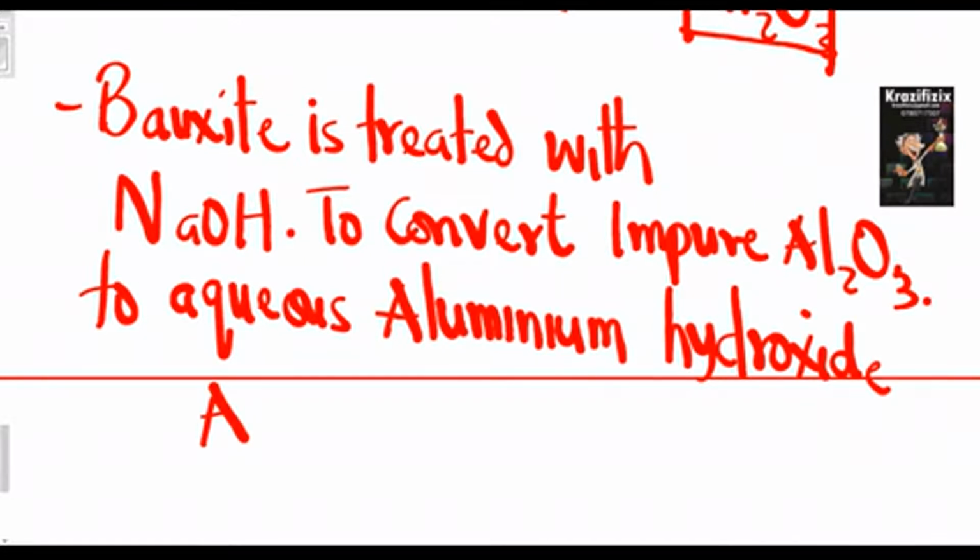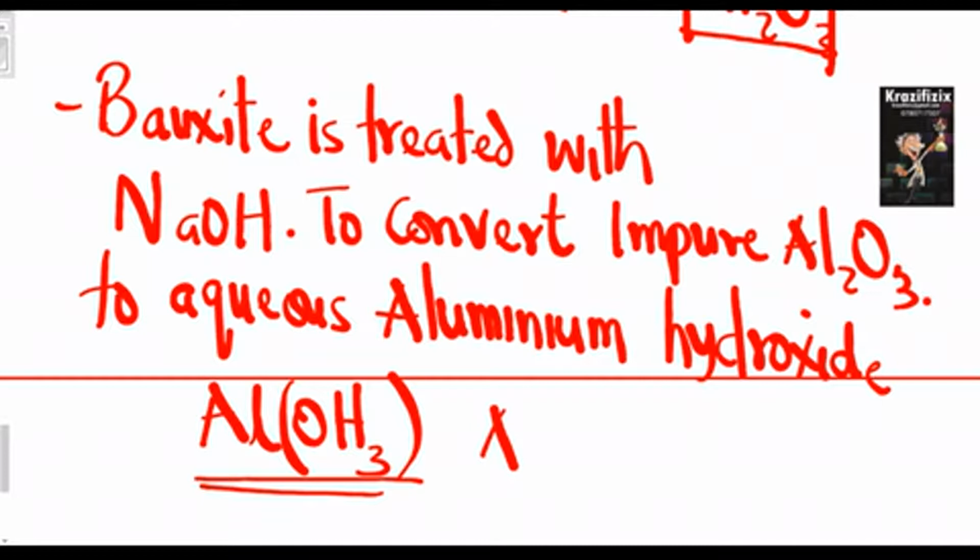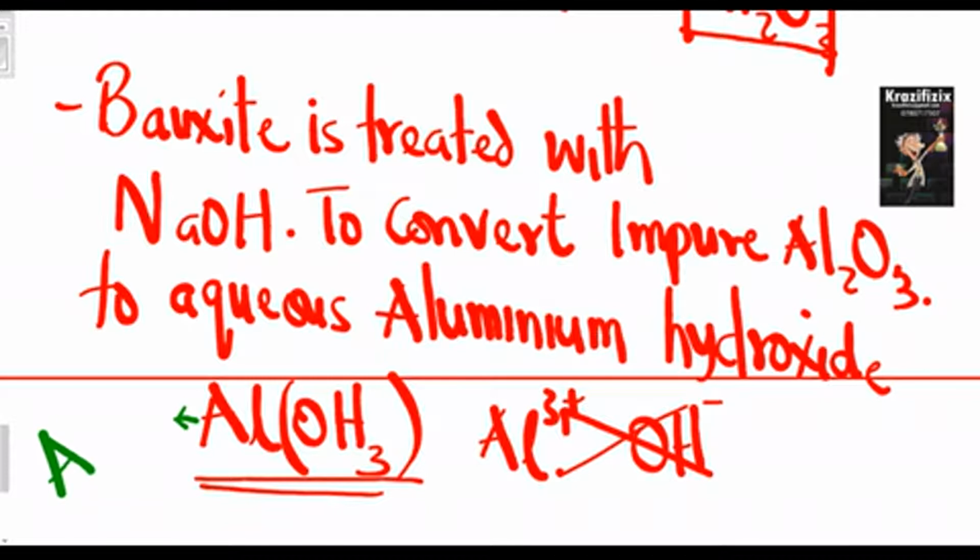The formula of that is simply Al, and remember, we did this in grade 10 on how to write that. It's Al3+ and OH-. If we cross multiply there, we have Al(OH)3. Now, this one here has a name, and in case an examiner wants to check your content, it's alumina.